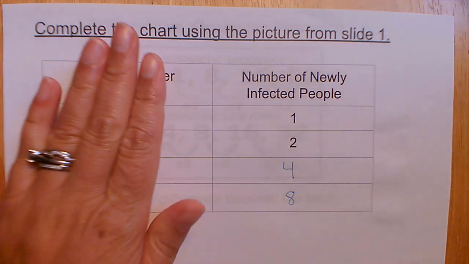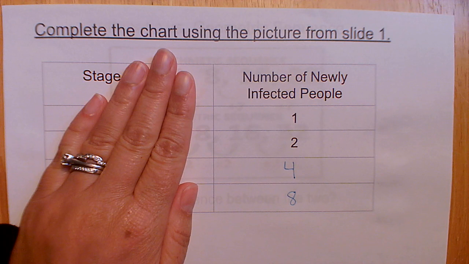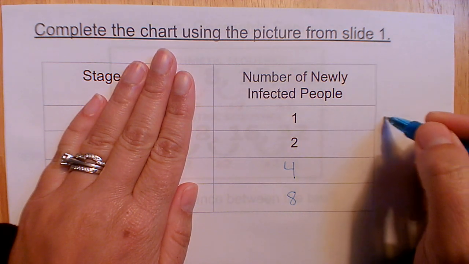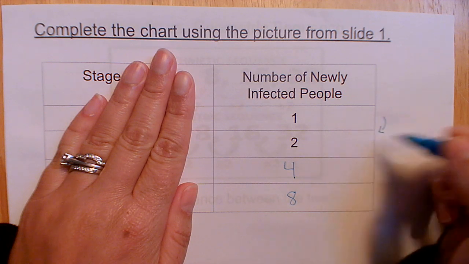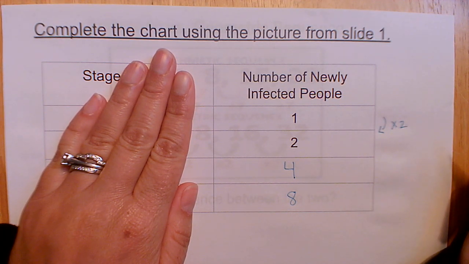So let's take a look at just the number of newly infected people, just that pattern of numbers. What do we notice? What do we wonder? Well, my notice was that every time we increased by the stage, we were multiplying the number of newly infected people by 2. One person went to 2.